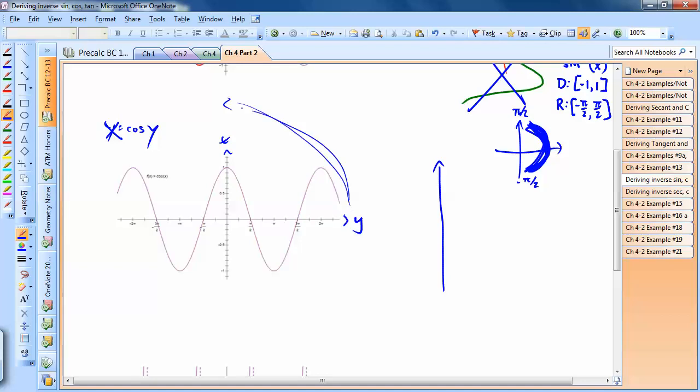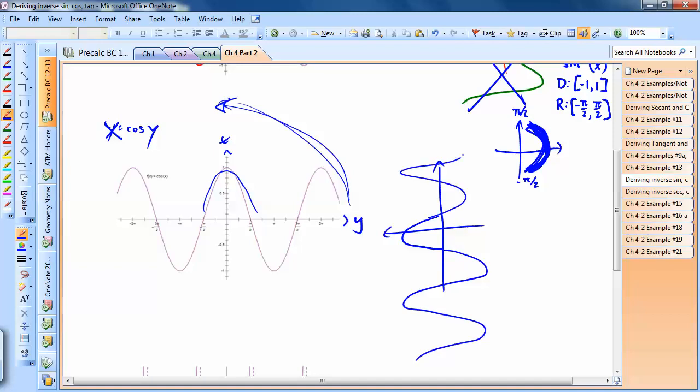I can spin it around and then I get this picture where this bulge right here ends up here, and then it curves around like this over and over again, right? But then I need the x-axis pointing in the correct direction. So I really need it pointing this way. So I'm going to flip the whole graph around like that, and I'll graph this in red. Then I get this graph instead.